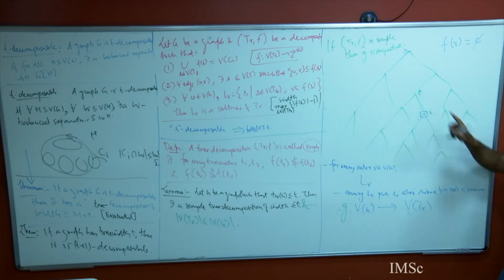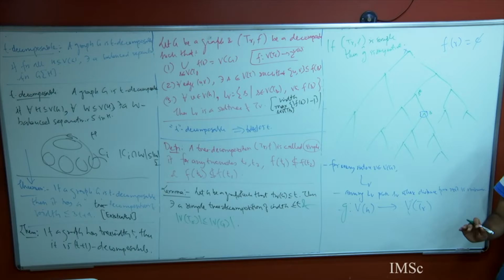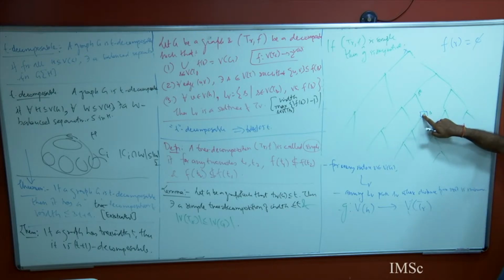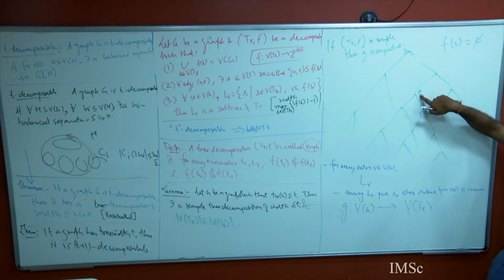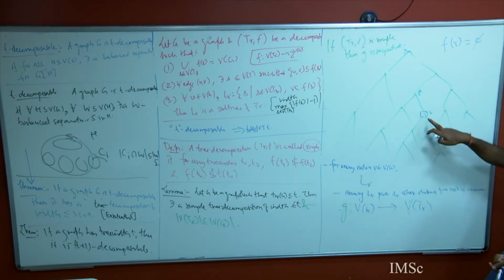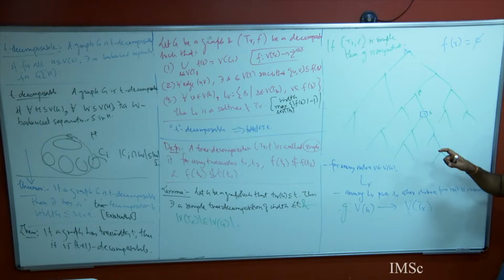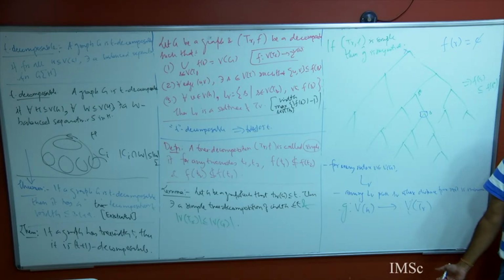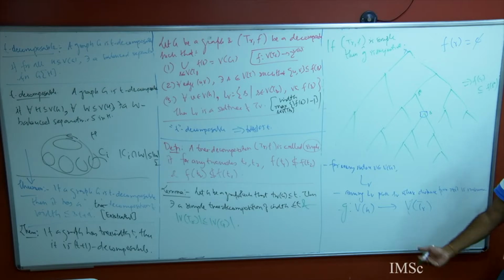Look at S and S star, nobody has been mapped to S. It means look at any vertex here, he also occurs in S star, because it's a connected set. And I did not mark S, which implies that f of S is a subset of f of S star. That is a contradiction to simplicity, and we are done.